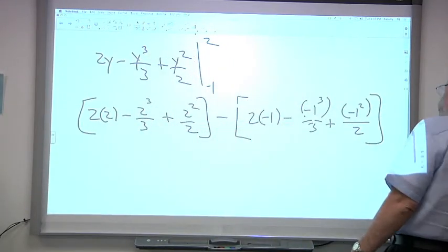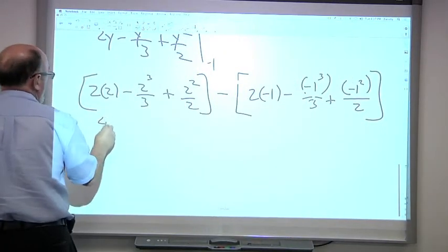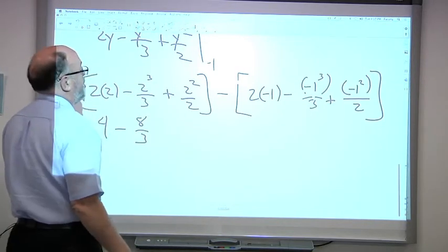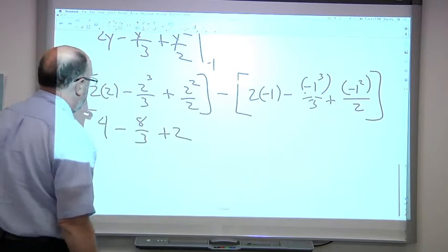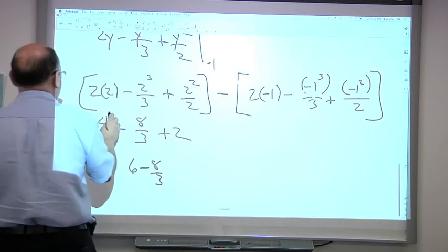We keep on number crunching that out. We got 2 times 2 is 4. That'll be 8/3. 2 squared is 4, so this is going to be 2. So this will be 6 minus 8/3. That part of it.